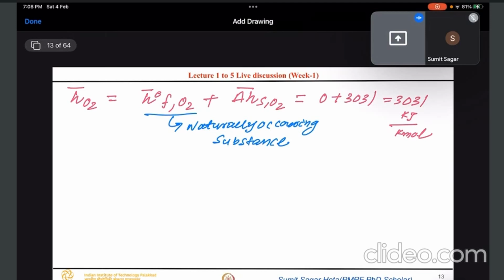If you calculate the HF of that particular species at the standard state, that is 298 Kelvin, it should be 0. This 0 means it is at the standard state. Standard state is 298 Kelvin and 1 atmospheric pressure.